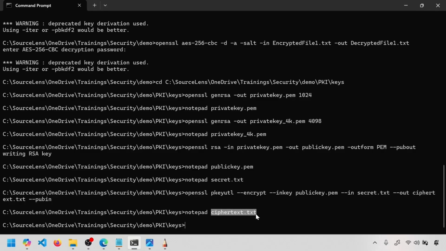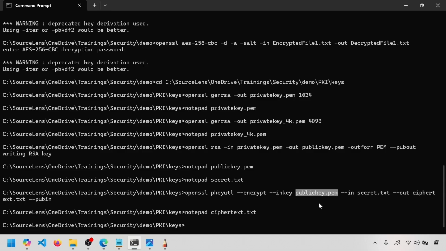Now the next thing is to check whether we can successfully decrypt that file. What key are we going to use for decryption? Public or private? Think private key. We are going to use the private key for decryption, and again I'm going to repeat, we cannot decrypt the message using the public key.